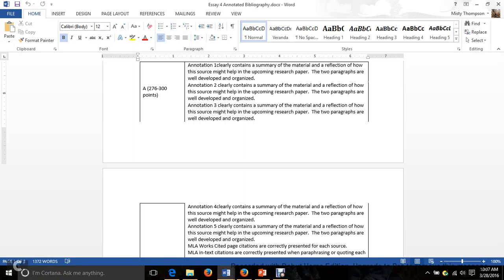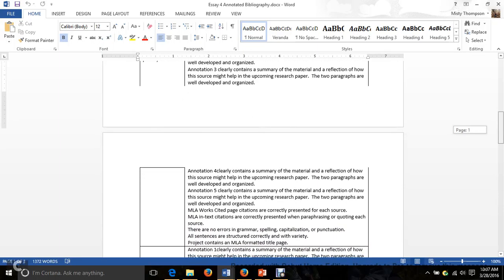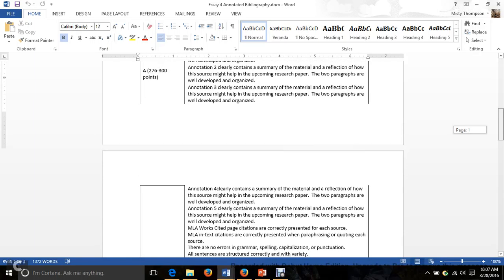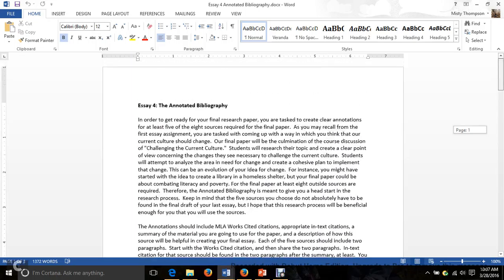And each annotation needs to be 2 paragraphs long. And they need to have MLA citation. They need to have in-text citation when you summarize or paraphrase sources. And you're also going to include a title page with this assignment as well. So you should have access to this document through the week 10 assignments and quizzes folder.